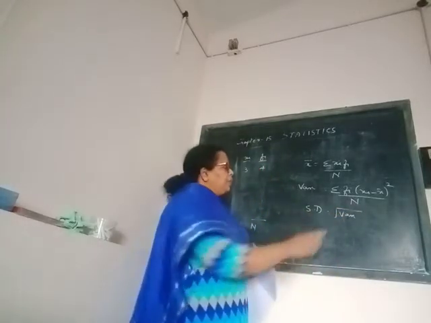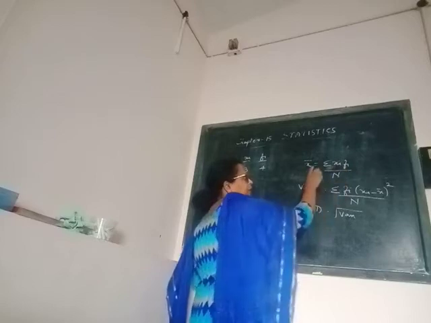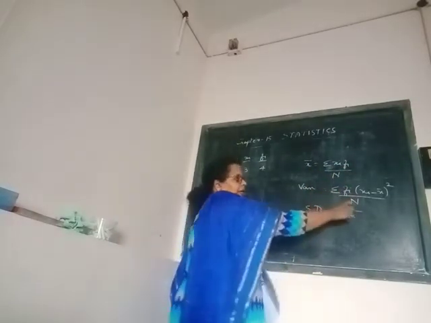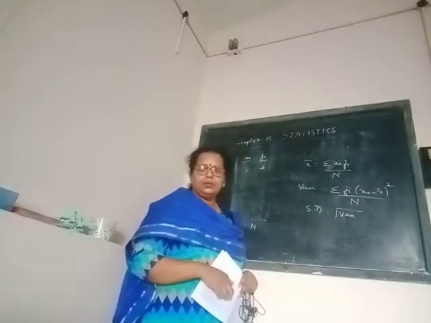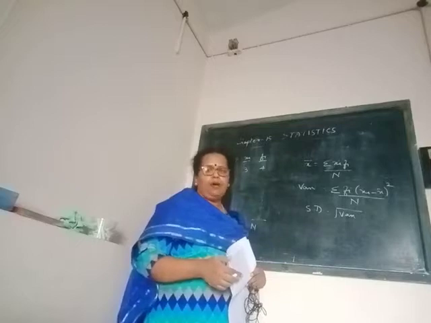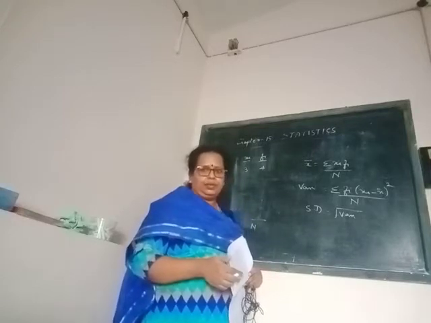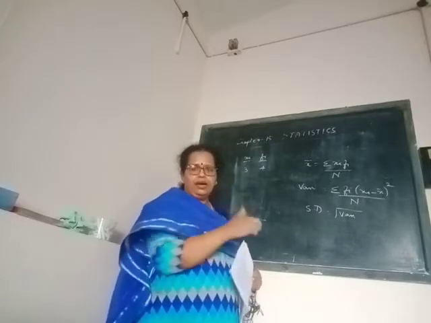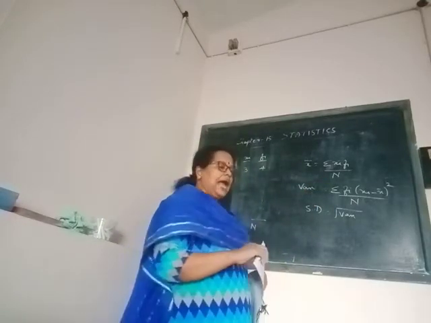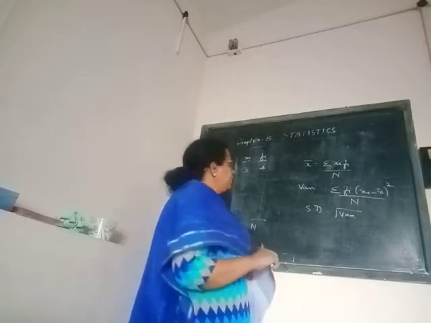From the earlier problem, only this change you have to make. You have to multiply by fi, and instead of small n we are using big N. When it is big N, it means it is the sum of the frequencies. It is the total observations, which we get by adding the frequencies.